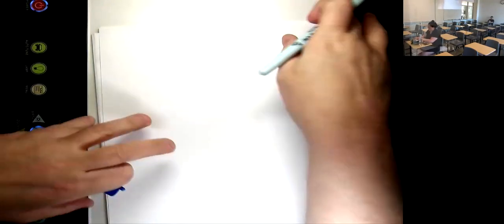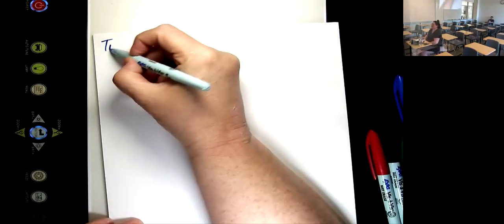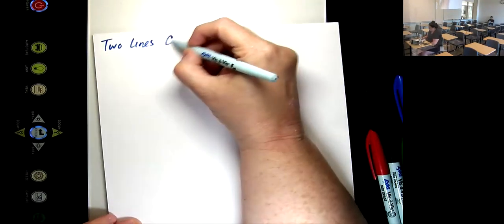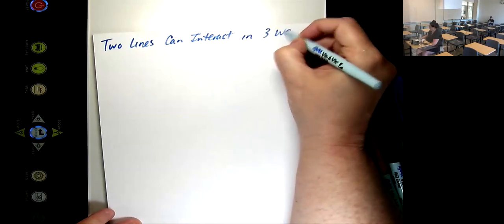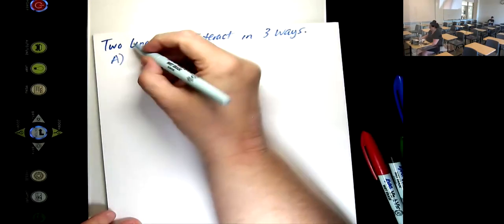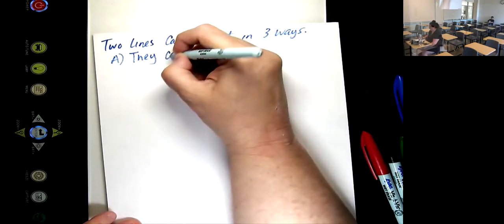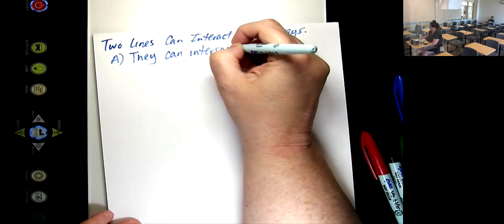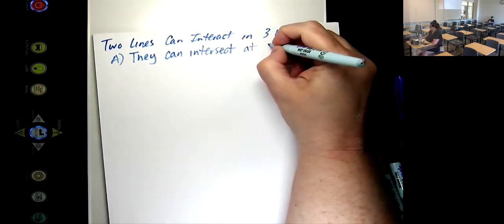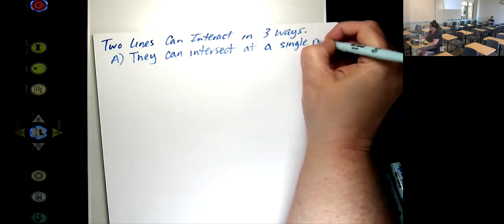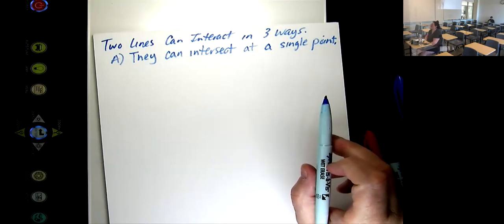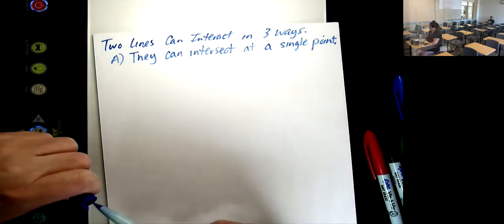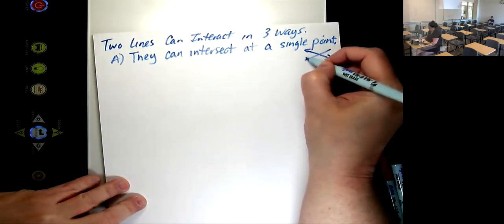So two lines can interact in three different ways. One, they can cross or intersect at a single point. Like that.